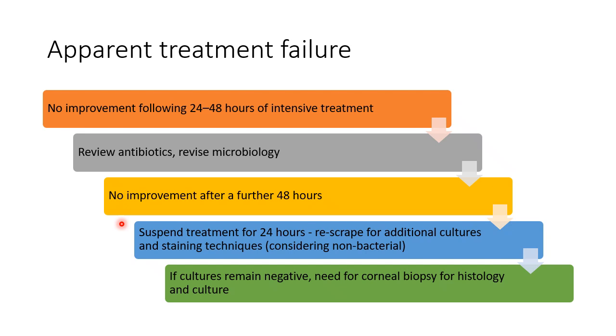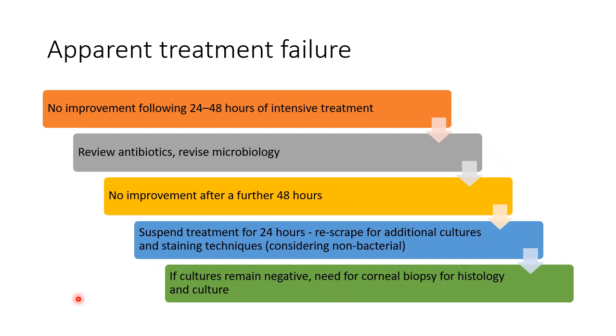Now, sometimes because of this multi-drug use, you can have an apparent treatment failure when you're treating a corneal ulcer. Because these drugs themselves are toxic to the cornea, you suspend the treatment for 24 hours, allow the cornea to heal, then you rescrape and send it for some additional cultures and additional staining techniques.